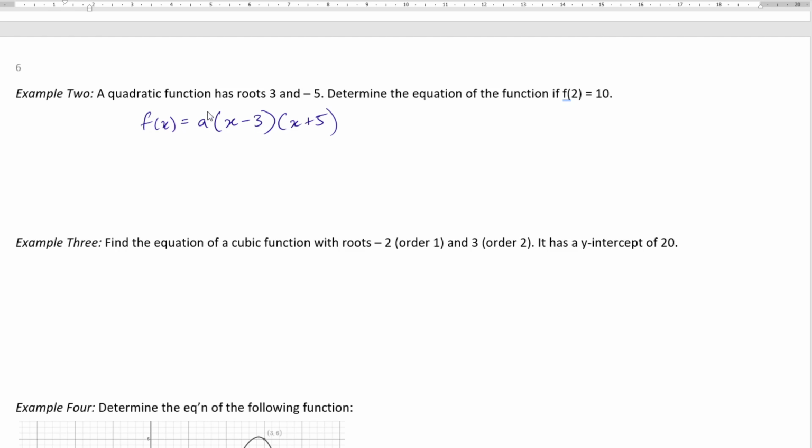Now I have to determine what that stretch factor, or leading coefficient, is. I don't know if it's positive or negative at this point. But what I do have is that f(2) is equal to 10, right?